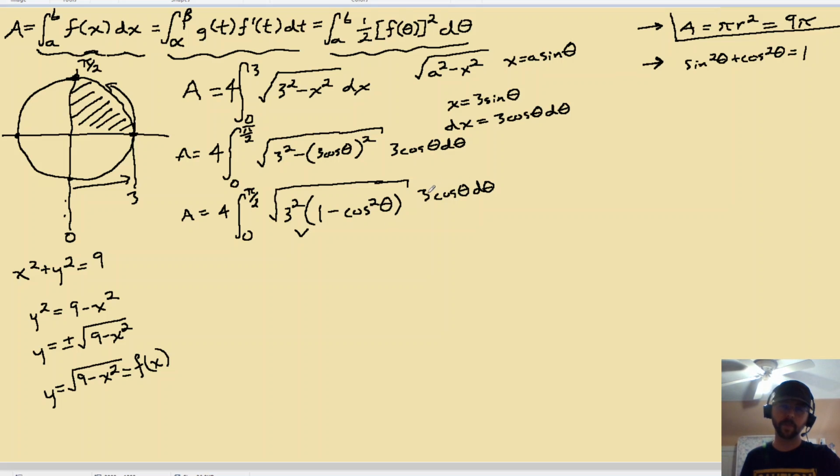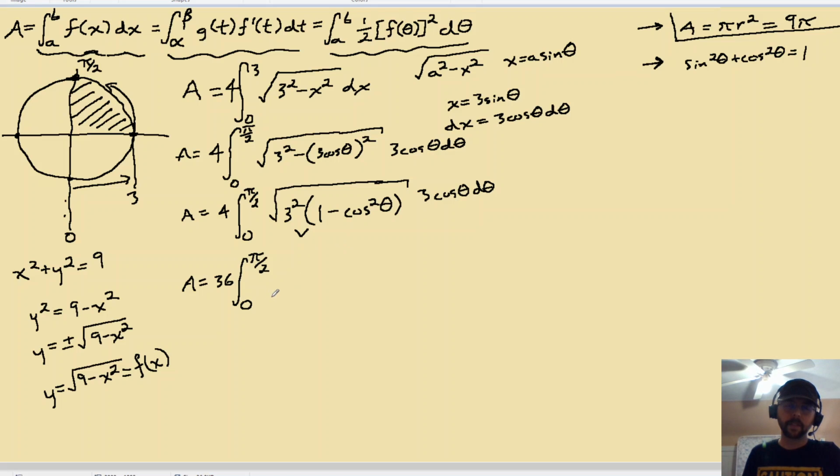It's just multiplication. So we're going to bring this one also to the outside. This one, as I said, turns into a 3. 3 times 3 is 9. 9 times 4 is 36. So we're going to get area equals 36 times the integral from 0 to pi over 2.